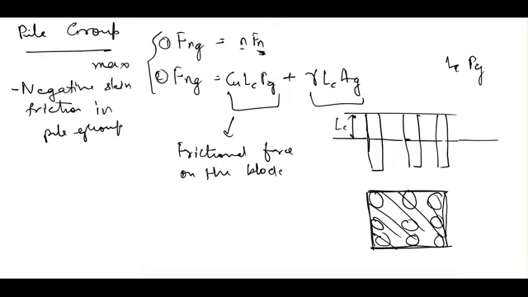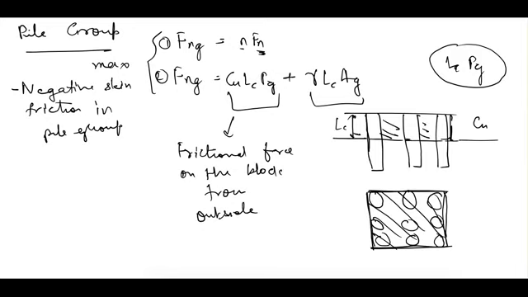So LC into PG gives us the whole surface area, and multiplied by the undrained cohesion on this surface will give us the frictional force on this block from outside. Now what is the second term? It is the weight of the soil which is there inside the block.